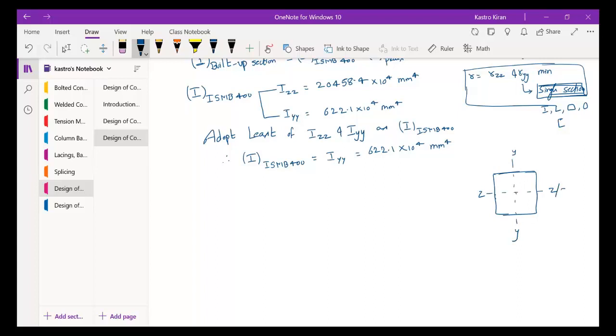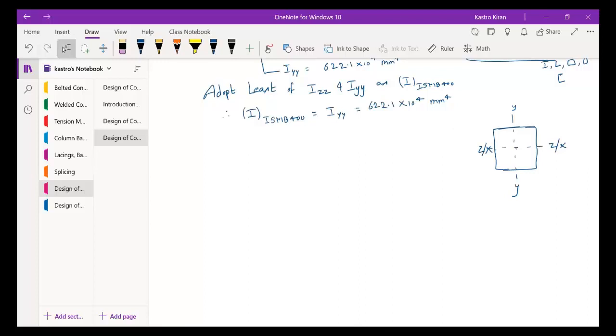XX or ZZ, they both are the same, don't confuse between these two. Now, going back to the concepts of strength of materials, the moment of inertia along the XX axis will be BD cube by 12, and along the YY axis will be DB cube by 12.